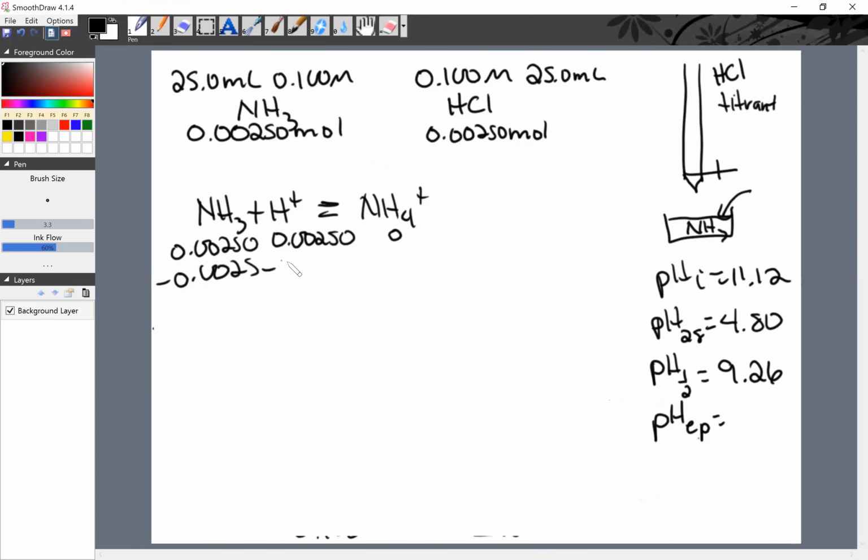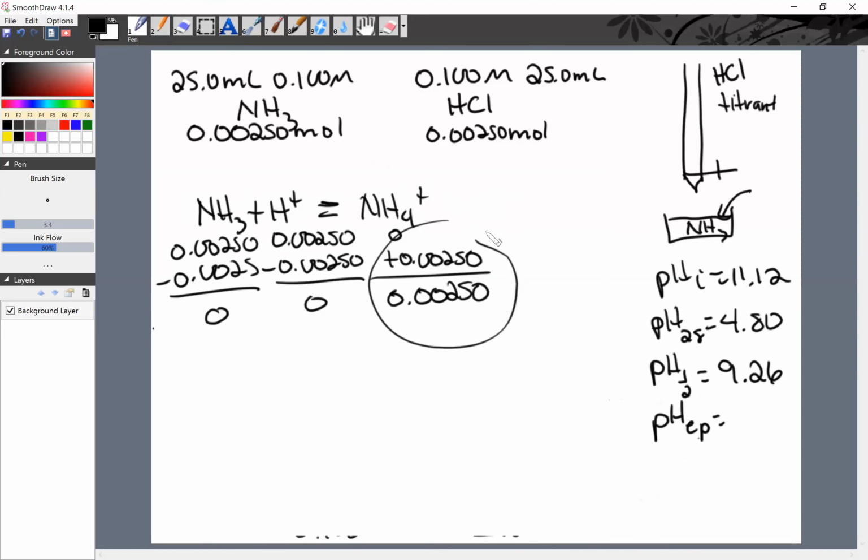So I'm going to use up all of those, and I'm going to make some ammonium. And if you'll notice, the table is telling us what equation to use: the only thing floating around is weak acid. Okay, well, I guess I should be using this equation.